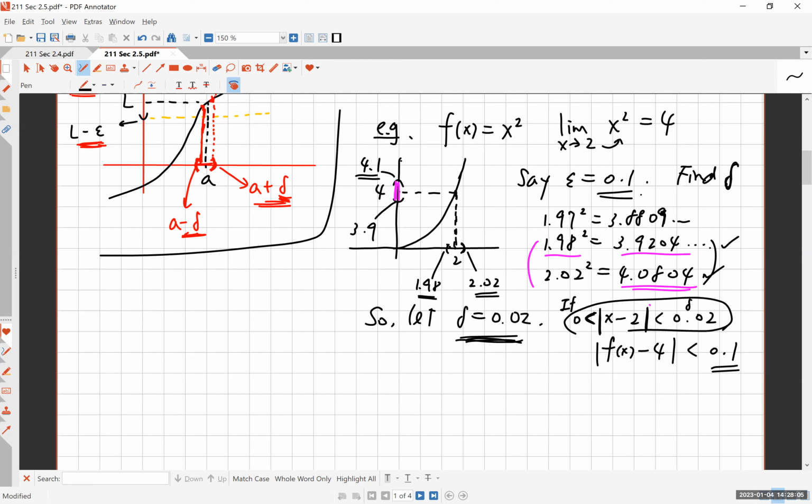Now, this doesn't prove that the limit is 4, right? Because the definition says you have to be able to create this delta for every epsilon. So how do you do that? If you have 3,000 different epsilon values, how do you know what delta is? Practically, it's not possible to come up with the delta for every epsilon somebody specifically gives you.